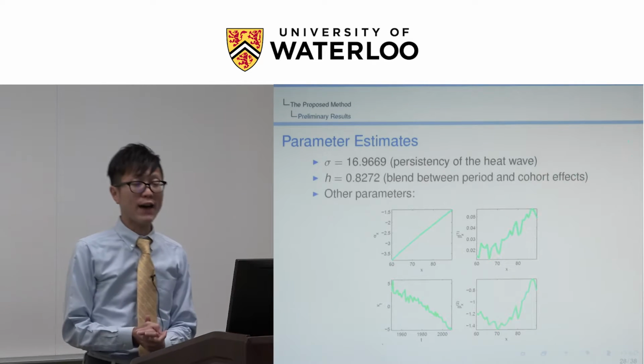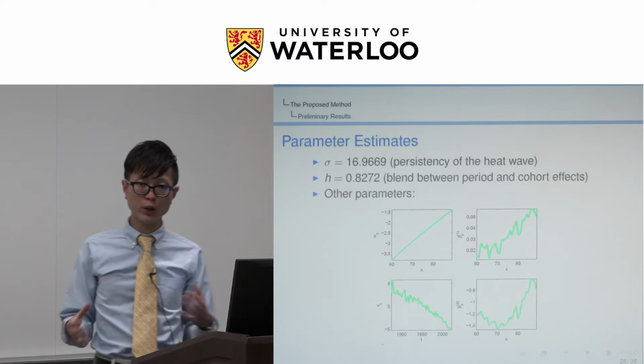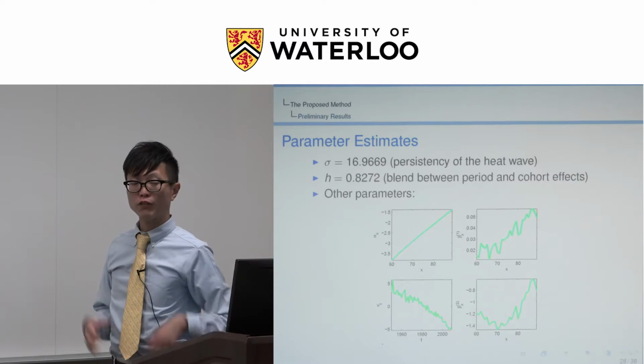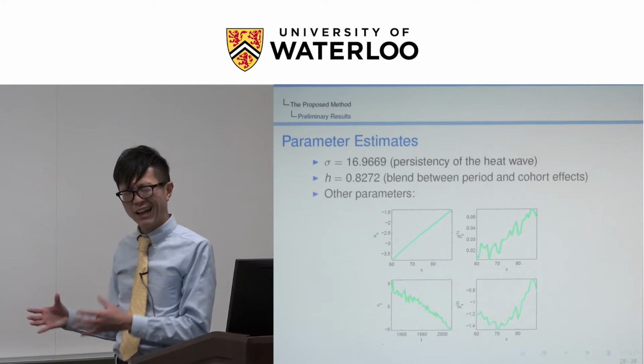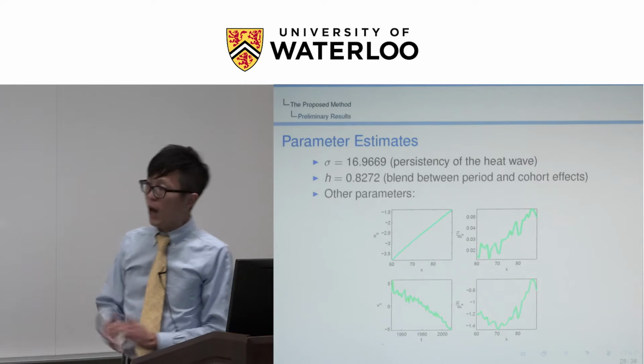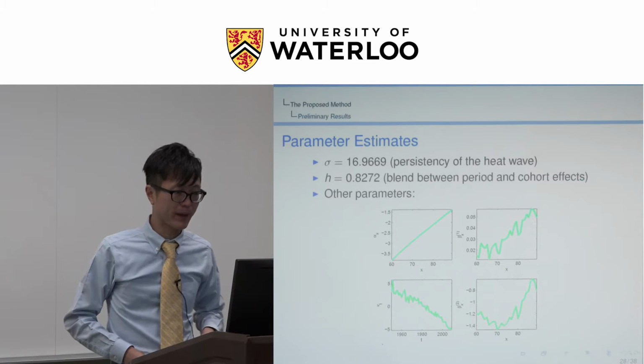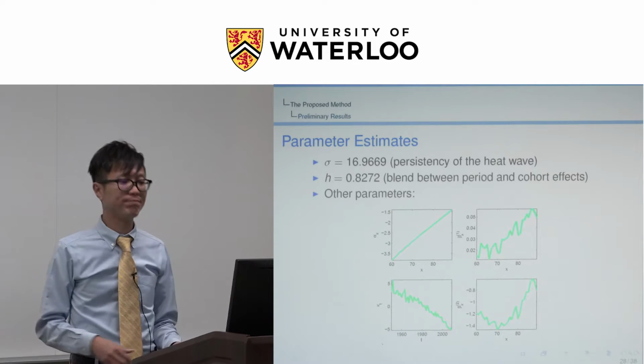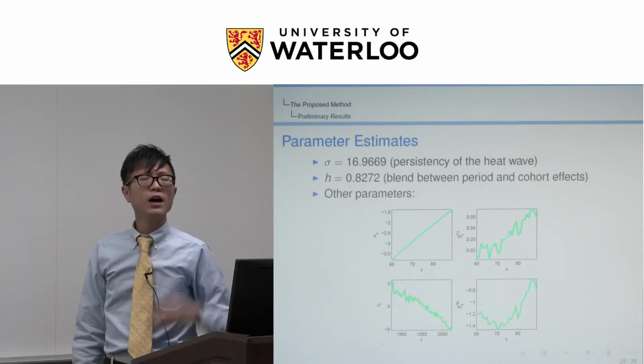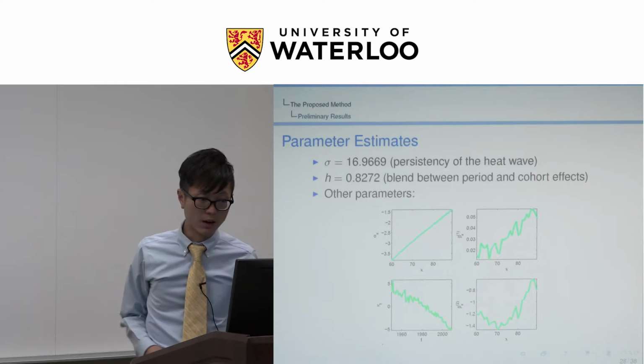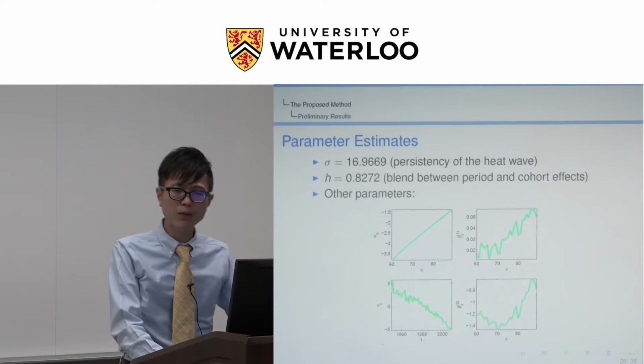Okay, we have estimated the heat wave model to the historical data of the male population of England and Wales, and we obtain these parameter estimates. We have an estimate of sigma being 16.9 something.